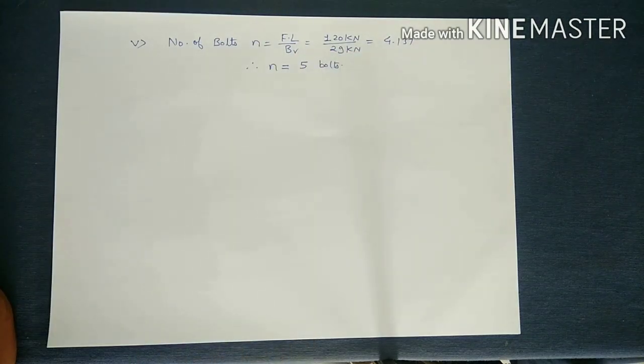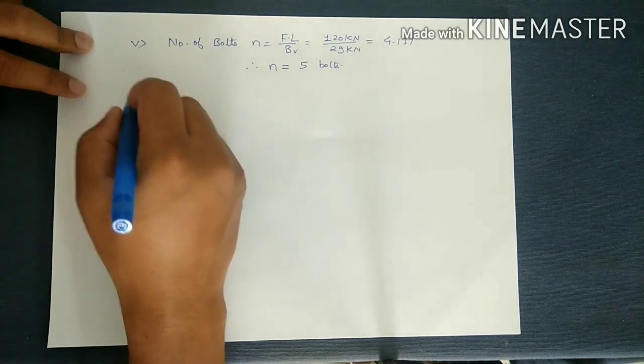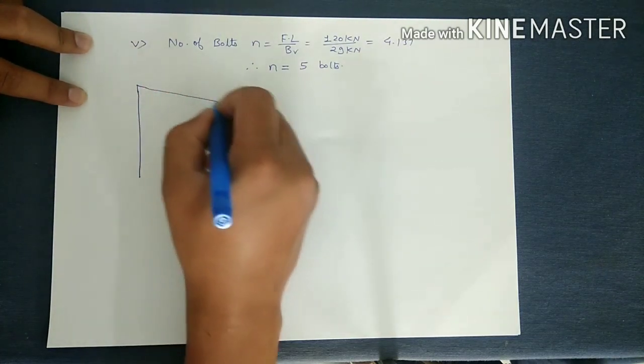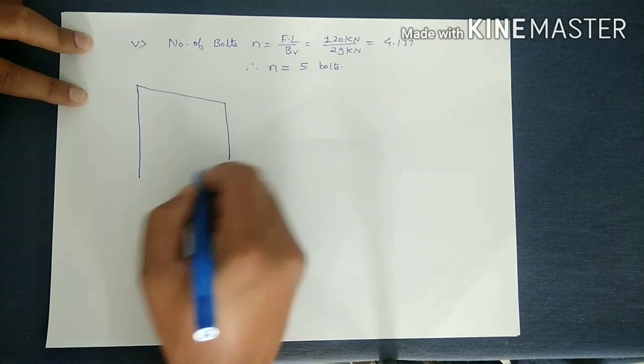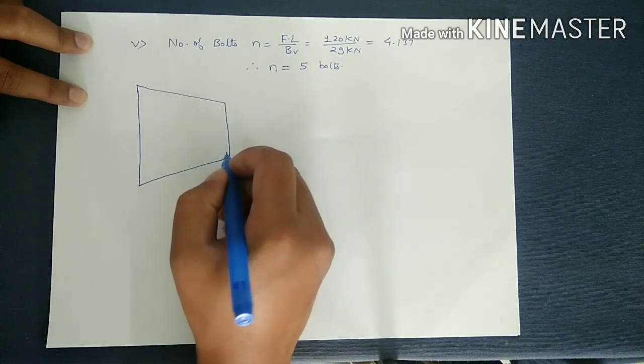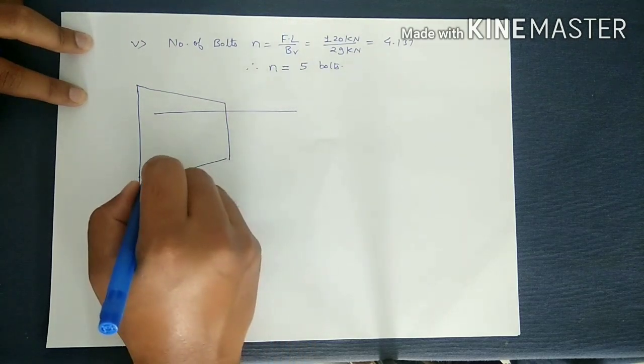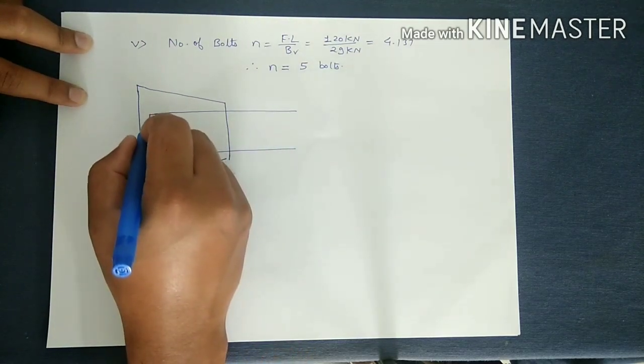Thus, now we can draw the diagram. So suppose consider a gusset plate in which our tension plate is connected.